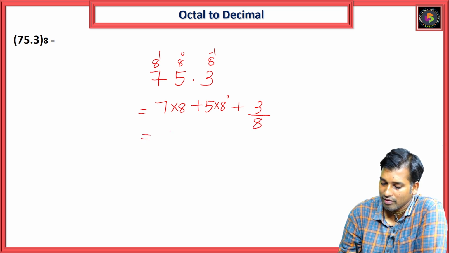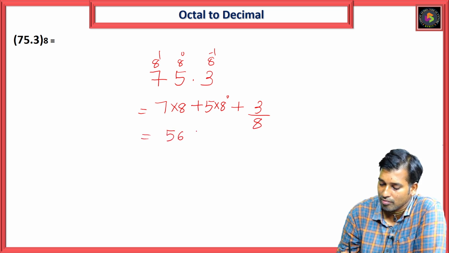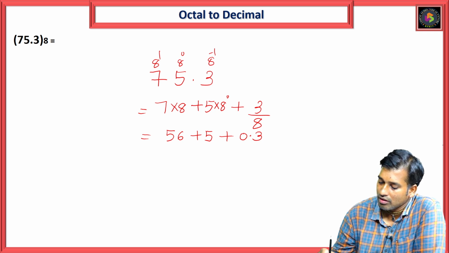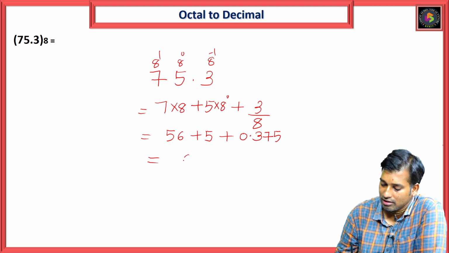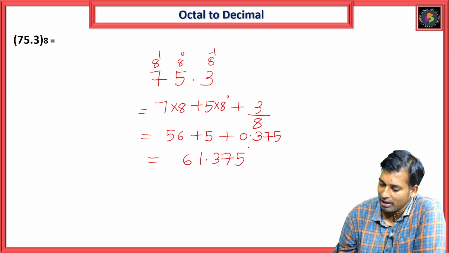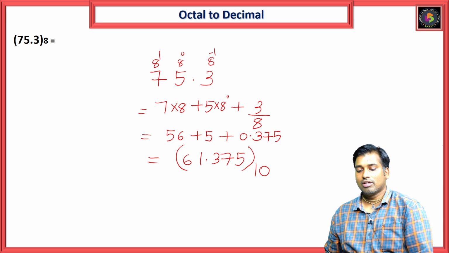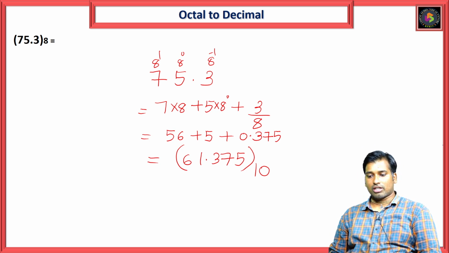This is nothing but 56 plus 5 plus 0.375. So the answer is 61.375 base 10. So this is how you convert octal to decimal.